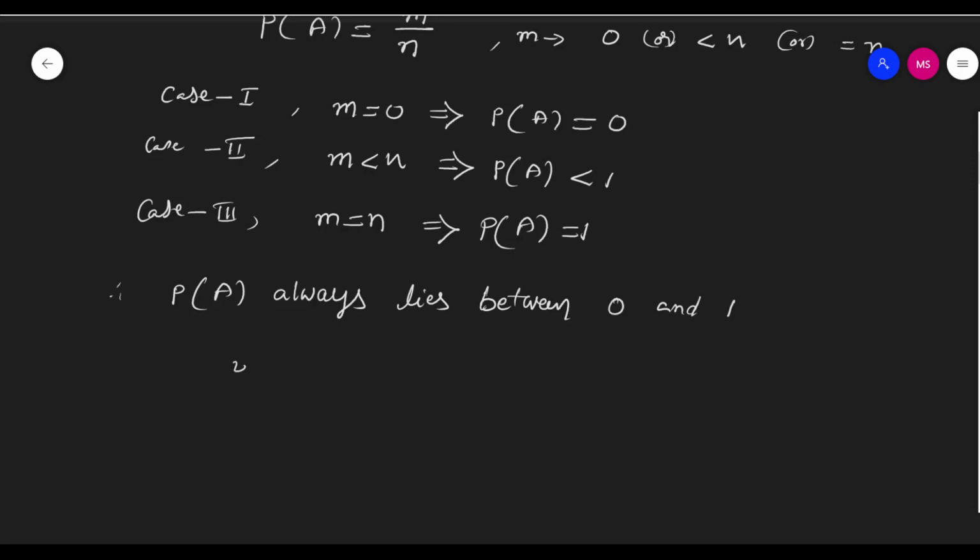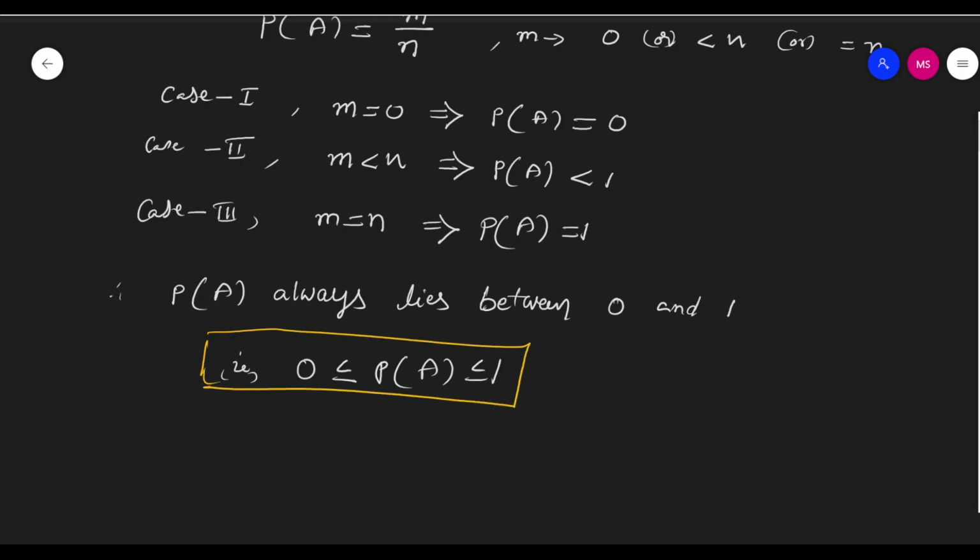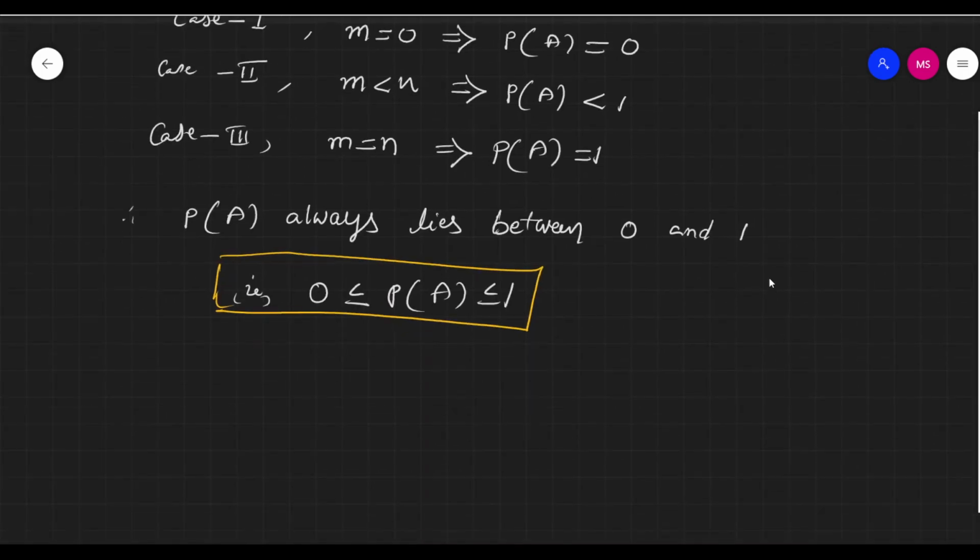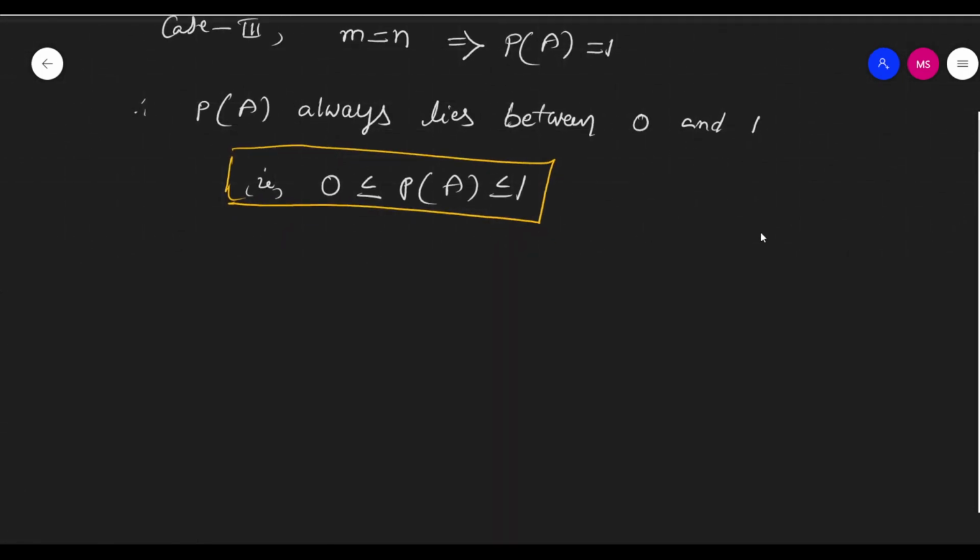That is, 0 is less than or equal to P of A is less than or equal to 1. This is the limits of probability concept, right? This is one of the definitions of probability, called the mathematical or classical definition of probability.